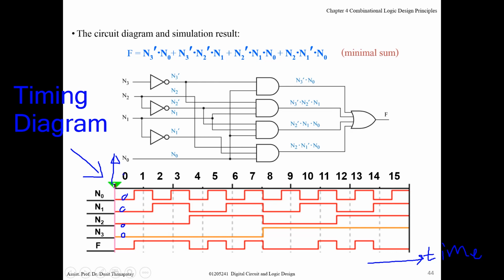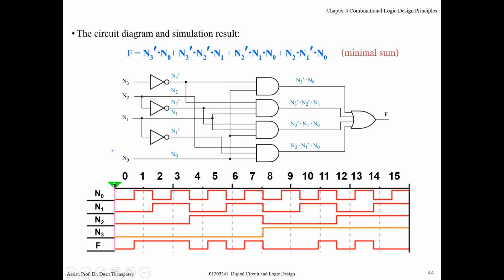If I apply 0, 0, 0, 0 into the circuit or into this equation, the result will be what? 0. Okay, now if I apply 1, 1, 0, 1, how about the output?